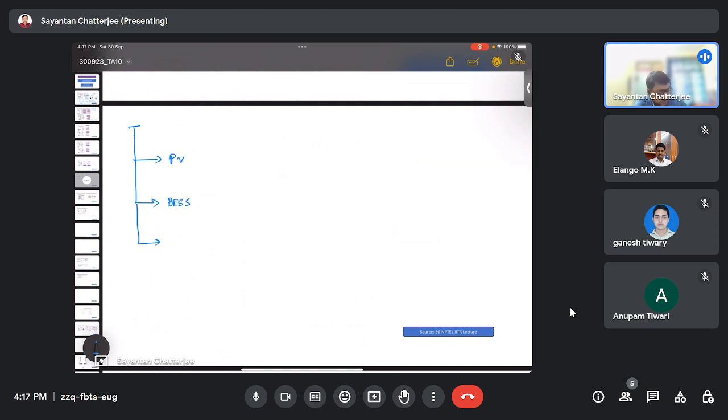Let's suppose here is also wind. Each of them is feeding the load. Let's just revert this direction. So here it is feeding, and here also it is feeding.